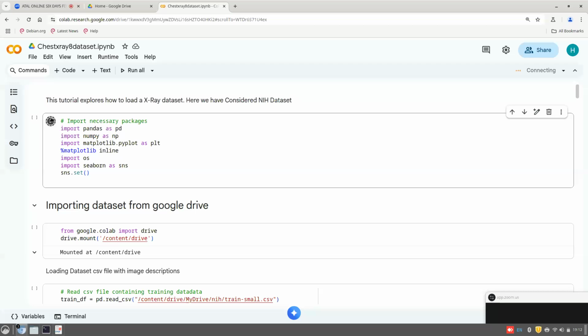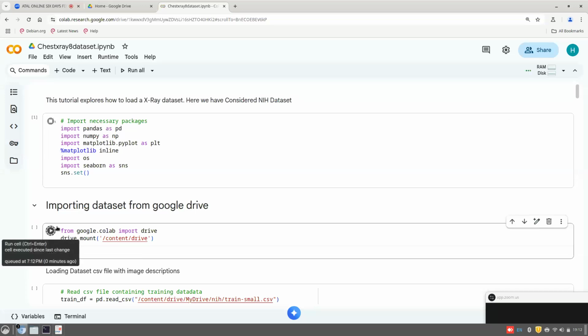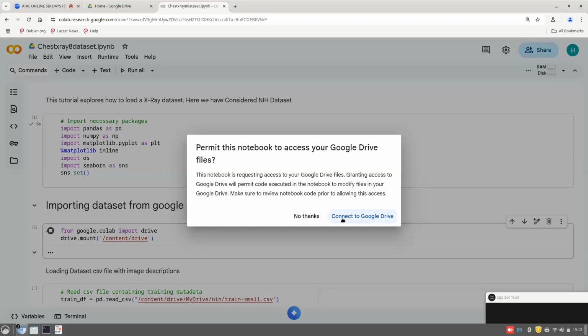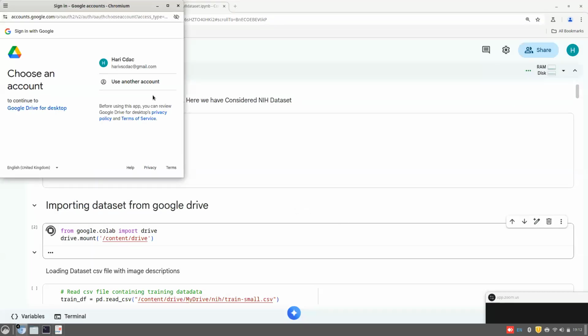So the NIH dataset, as I said, has 1,23,000 images, and it's a very big dataset. Since Colab doesn't support such a big number of images, and I'm using the free version, I'll stick to a small subset of 1,000 images for demonstration purposes, in the interest of time.